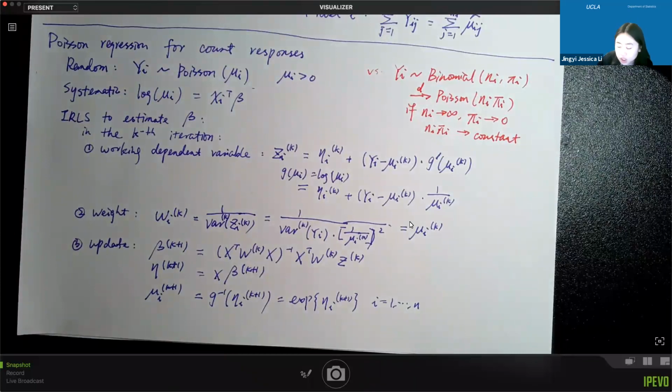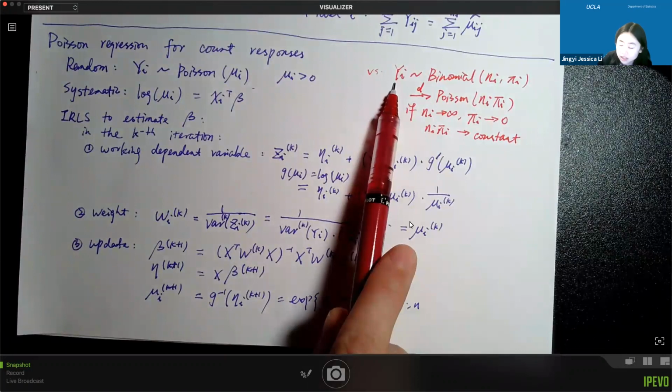And you can see the intuition behind this. When your ni is going to infinity, it means that in theory yi can take very, very large values. And that is consistent with Poisson. There's no actual limit. But the pi i needs to go down to 0 so that ni times pi i, which is the mean of yi, is not exploding.